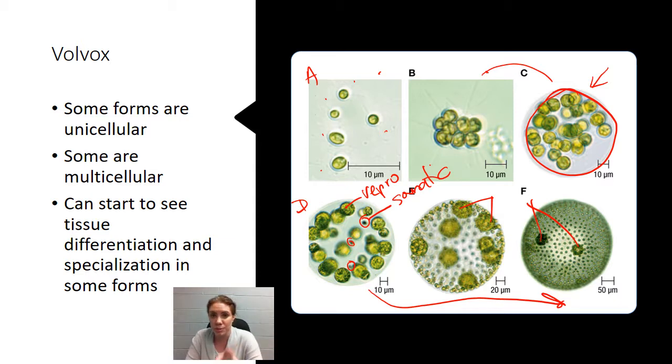We've got this whole spectrum that's present in Volvox. And this actually tells us a lot about the stages that multicellularity might have gone through to evolve, if we can actually see all of these as individual steps in a process. And it's cool that we've got living examples of all of these.